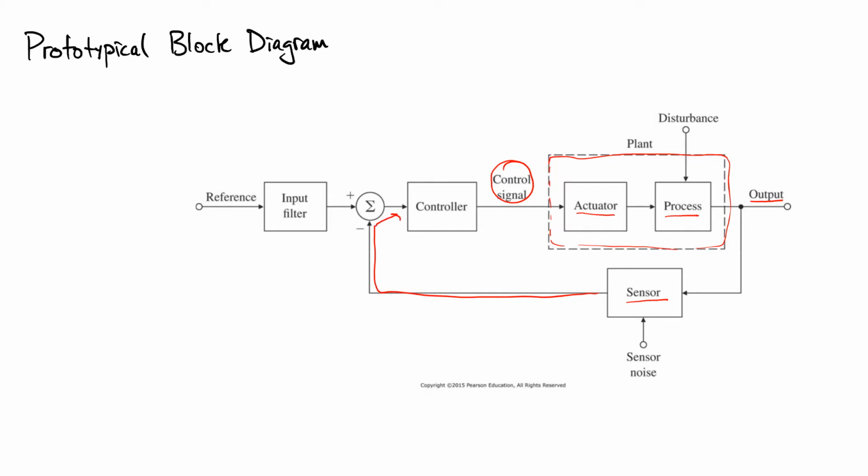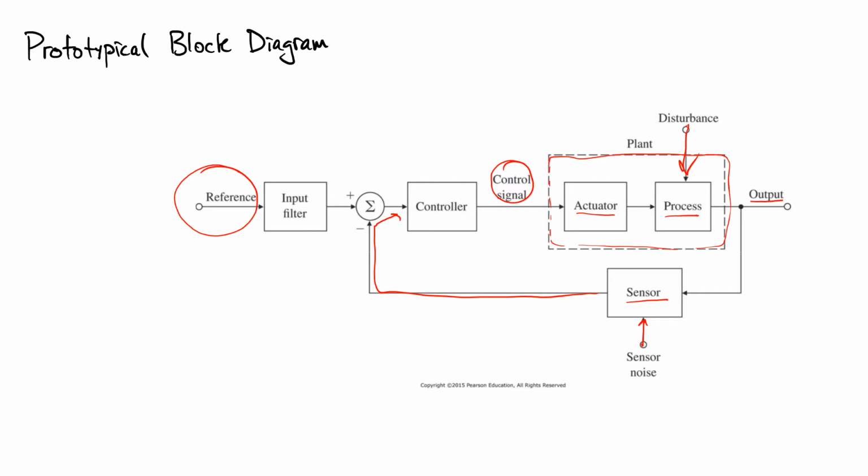In this case, it becomes a little bit more complicated. We're explicitly showing that there could be disturbances that could affect the process. There could be sensor noise that affects the value that the sensor is getting back, so you may not get the output back directly, but you may get some slightly perturbed version. We're also putting in something that we'll talk about very soon, which is this idea of a reference.